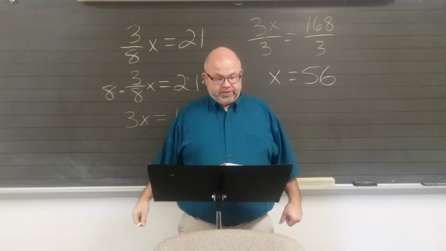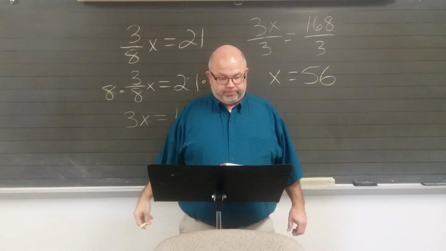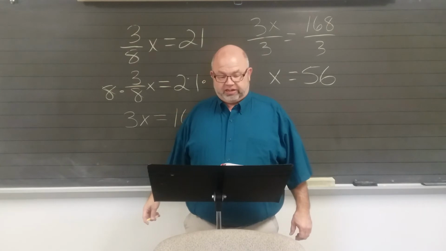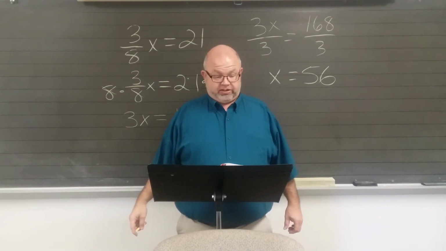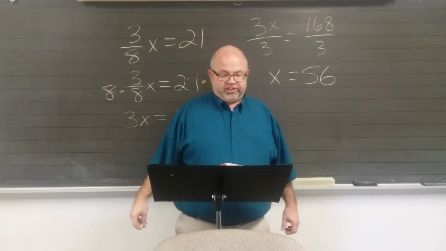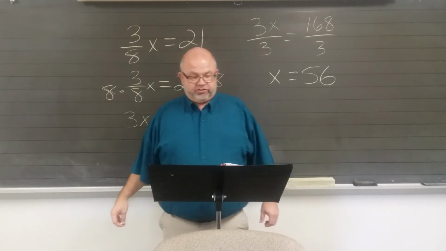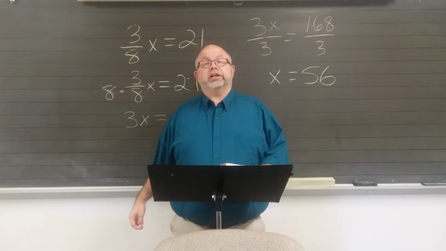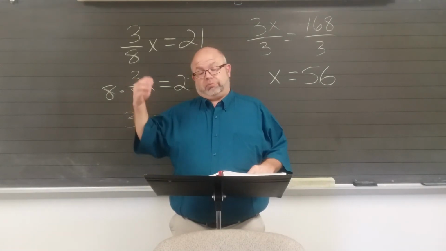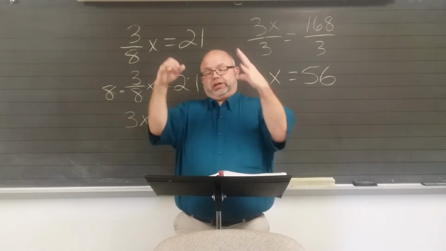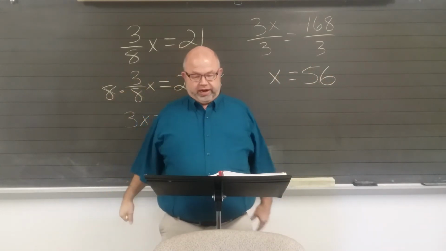So number 11, A is 1,000, B is 60%, C is 10%, D is 100%, E is 216 degrees, F is 36 degrees, and G is 360 degrees. Make sure you're getting those right, because before too long, we'll be actually taking that information and putting it into a circle graph.